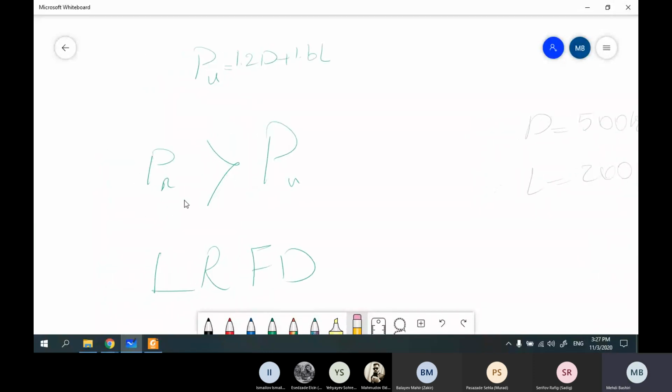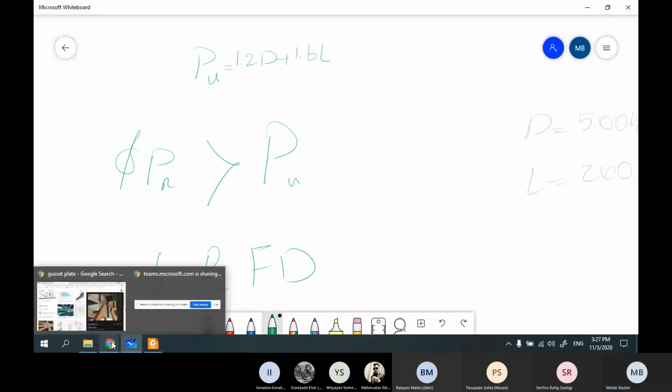And also we have some reduction, such as phi, to again make sure that our structure is safe. You understand that? The reduction factor is here. You can see it, LRFD.